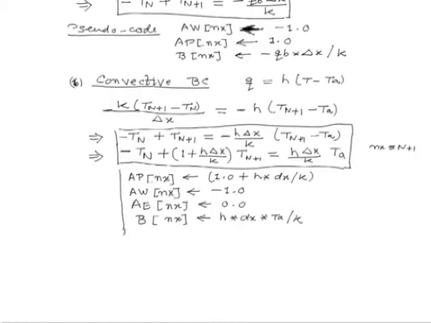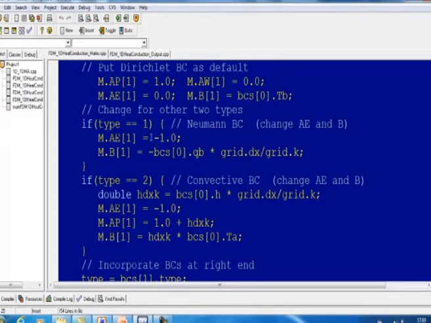So now this completes our pseudocode. These 4 lines are the ones which we need to directly put in our code to take care of the effect of the convective boundary condition. So, let us get back to our code.